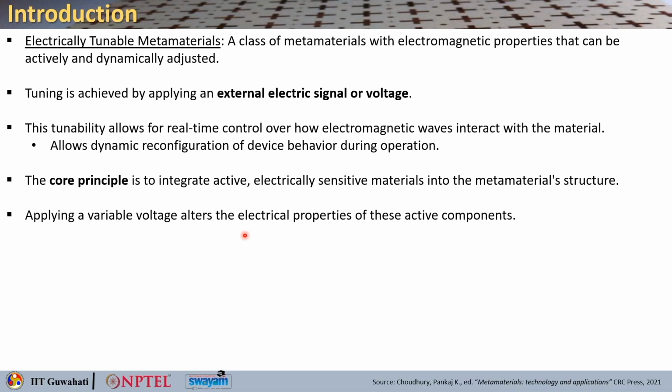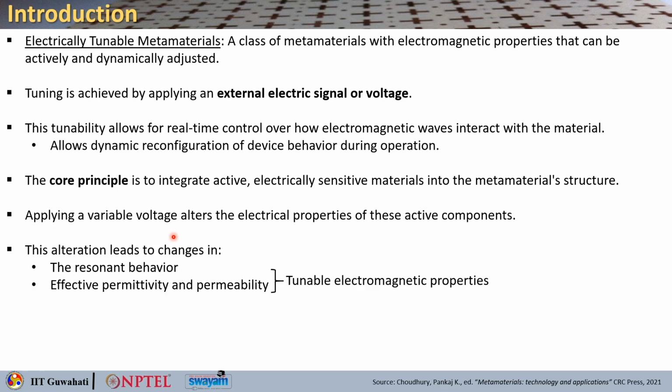In this kind of metamaterials, applying a voltage bias or a variable voltage bias alters the electromagnetic properties of the active components. This alteration can lead to a change in the resonant behavior via the change in effective permittivity or permeability. So this is what we mean by tunable electromagnetic properties.